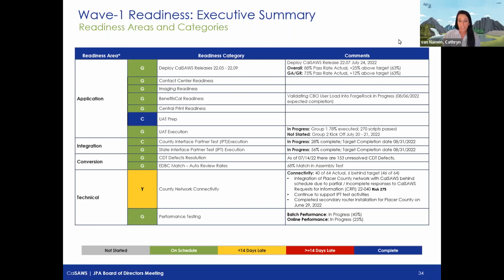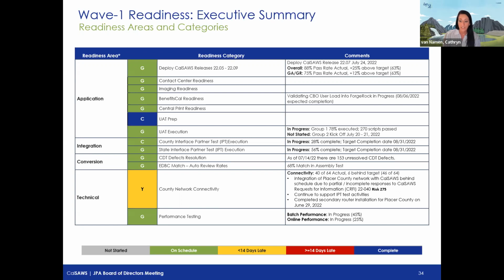Next to that, you'll see a color-coded legend, and there are 4 different statuses that are included. For items in a green color, it means that those activities are on schedule. They're in progress and on schedule. The blue indicates that that activity or that readiness category is complete at the point of report.